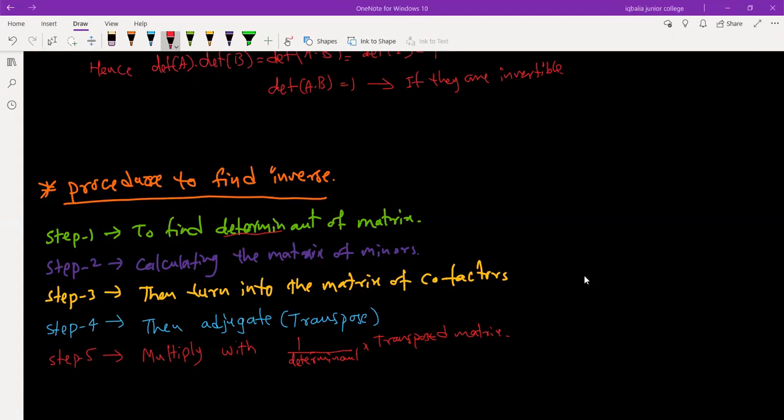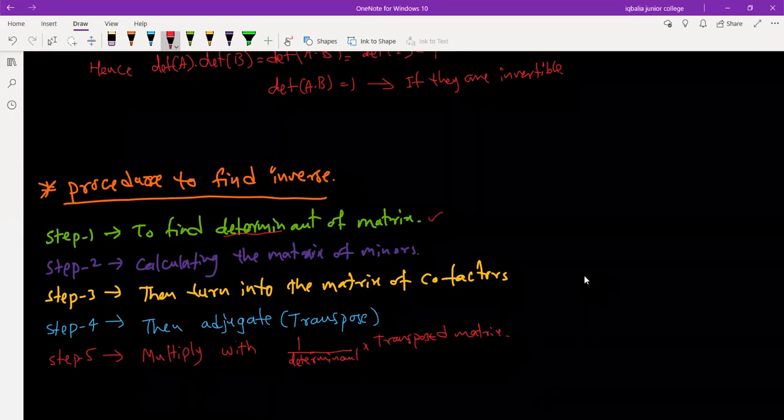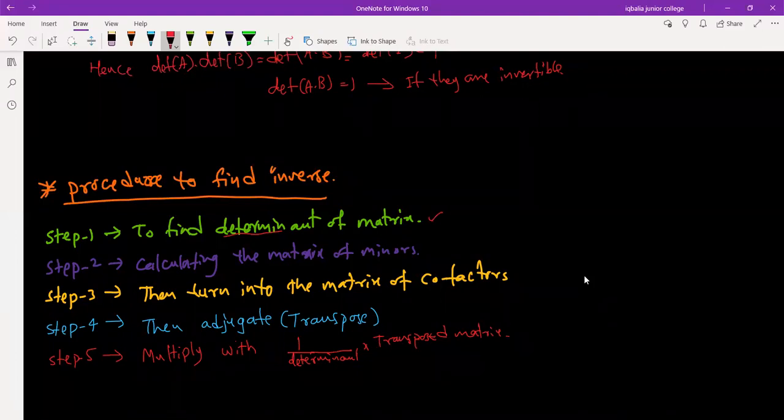First step is clear. Yes, sir. Okay. Now, in the second step, I have to find the matrix of minors. We have learned minors of matrix and cofactor of matrix in the previous class. Have you remembered these all things?